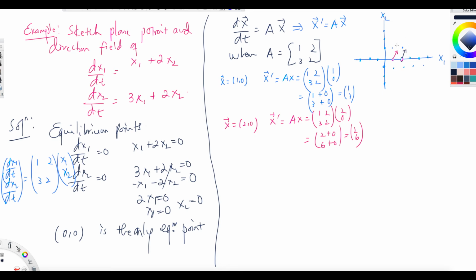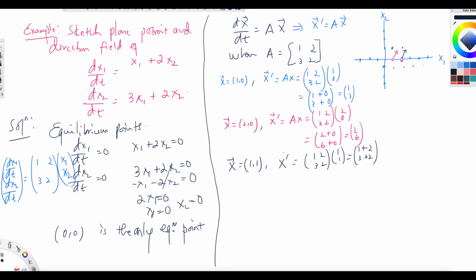Similarly, where would that go if you take, let's say, (1, 1)? Let's say this is (1, 1), so vector x equals (1, 1). At point (1, 1), you will draw a directed line. So x prime will be [1 2; 3 2] times (1, 1). What do you get there? 1 times 1 is 1, plus 2 times 1 is 2, and then 3 times 1 is 3, plus 2 times 1 is 2.